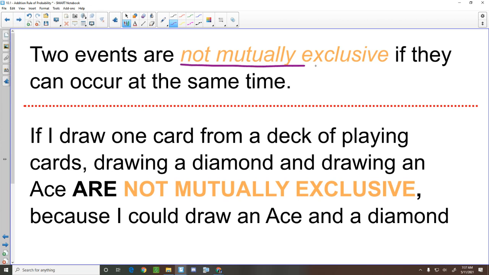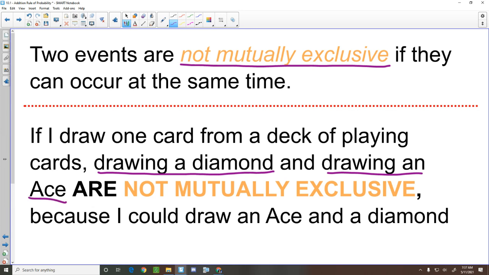So something that's not mutually exclusive, here's an example down here. Imagine I've got a deck of playing cards, and if I draw one card from a deck of playing cards, then the events of drawing a diamond and drawing an ace.